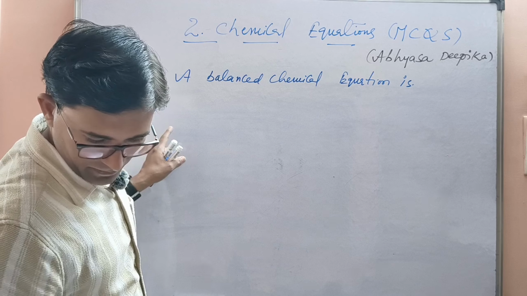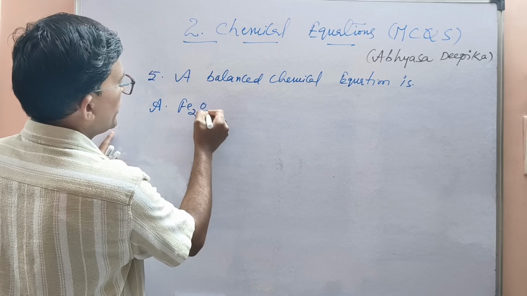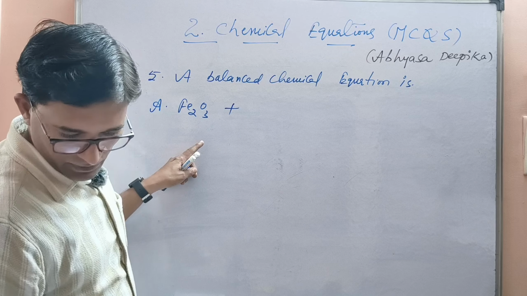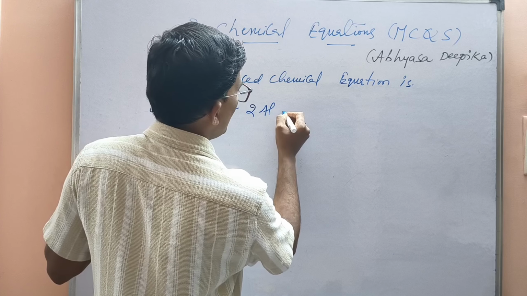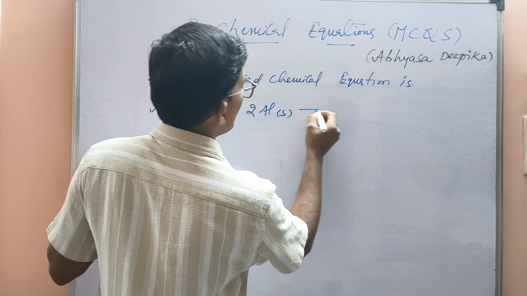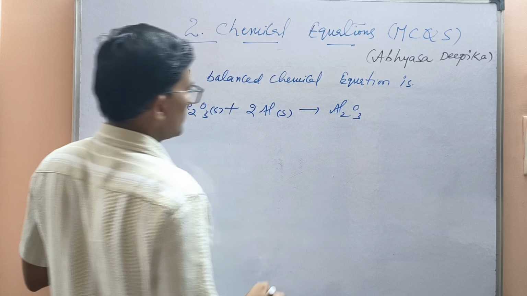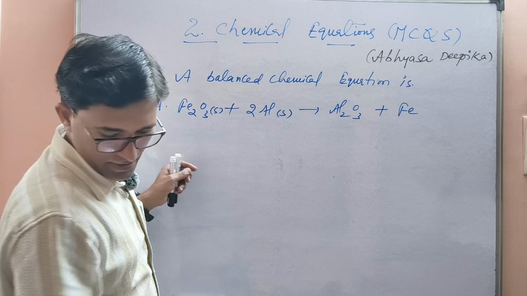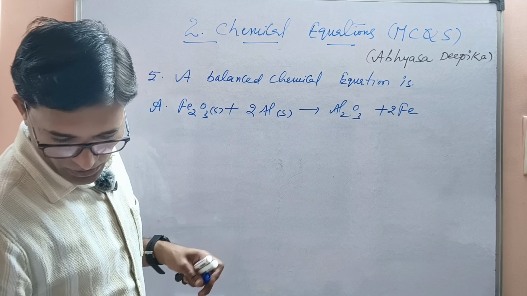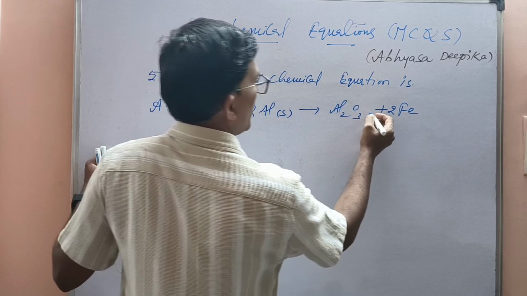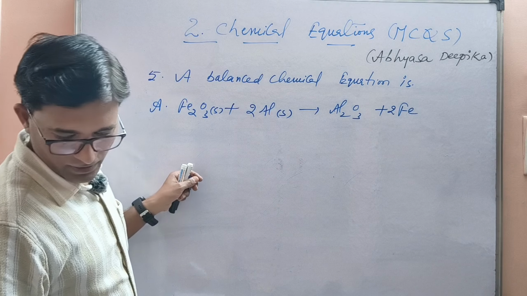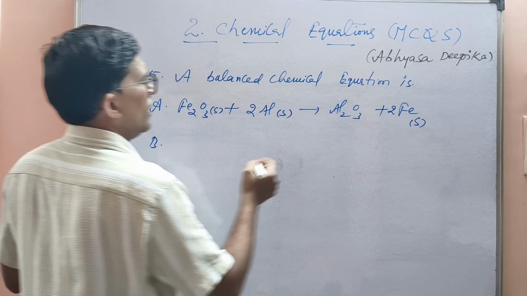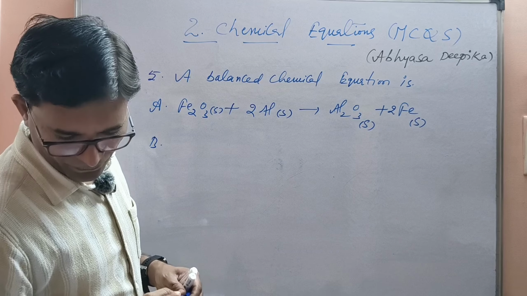Options are A: Fe2O3, he has mentioned physical states clearly also, plus 2Al, solid, this is also solid, gives rise to Al2O3 plus 2Fe. The next state is solid, and this is also solid.